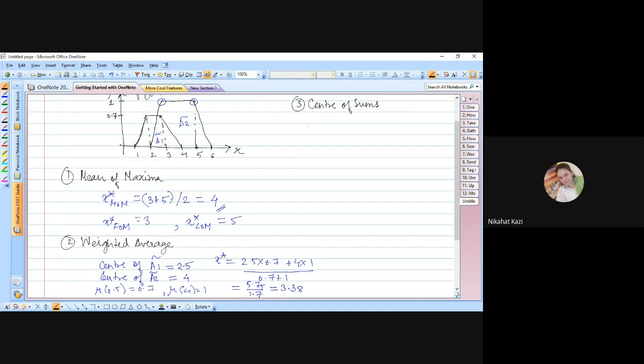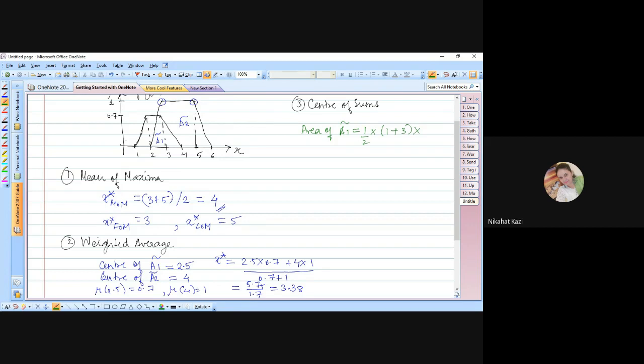What is the area of A1? A1 is a trapezoid. So what is the area? Half into sum of the parallel sides, right? That is 1 plus 3 into height.